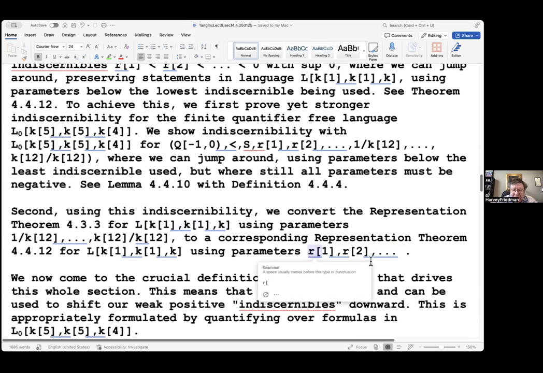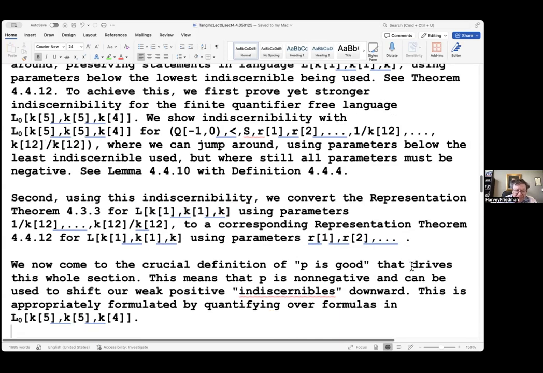I may have been a little careless about the use of the word parameters. There are the unruly parameters lower than the indiscernibles, and then there are the parameters added on for the representation, higher than where the quantifiers are ranging over. All right, so this will become clear as we get more specific.